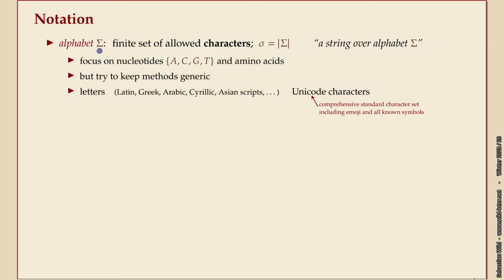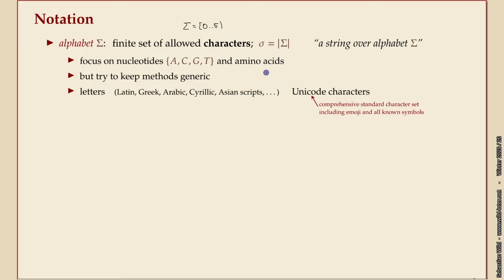All the strings come from some alphabet. That's just the allowable letters. And the size of the alphabet sometimes pops up. That's this little sigma. I think all the algorithms essentially assume that these are just numbers. So the first sigma integers. Of course, for DNA, that would be just the 4 nucleotides.